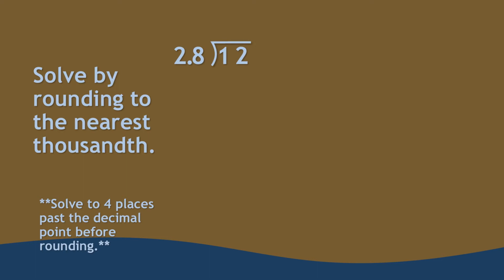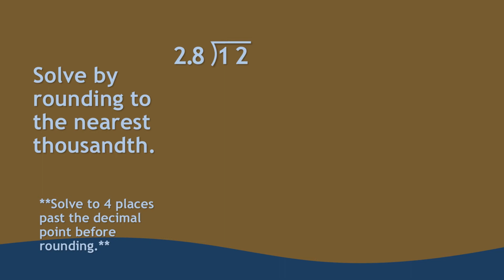Our last problem we're going to work on today is 12 divided by 2.8. In this one, I want us to practice rounding and finding an estimated answer. I want you to solve by rounding to the nearest thousandth. Because you're going to round to the nearest thousandth, you need to go 1 place beyond the thousandth place in order to round.